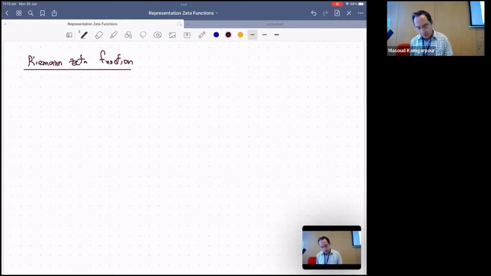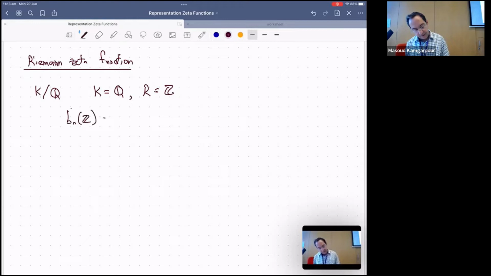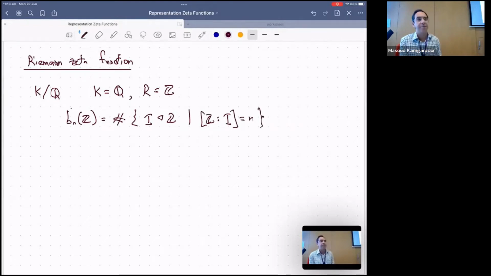So now I'm just taking K over Q, so my K is Q, and my ring of integers is Z. And so the numbers B_n of Z, this is the number of ideals in Z such that the index is n, and there are not too many of them, right?